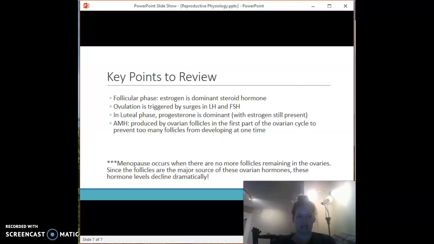Like we just said, ovulation is triggered by the surges in LH and FSH. In the luteal phase, progesterone is the dominant hormone, even though estrogen is still present. And AMH is produced by ovarian follicles in the first part of the ovarian cycle to prevent too many follicles from developing at one time.